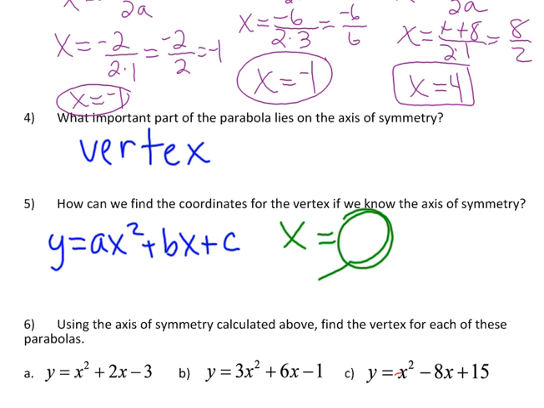And if we take that value and plug it in for x, then we can find what y is. That's kind of hard to think about when you look at it with all the letters. So if that's a little bit confusing, that's okay. Let's do a practice problem and see if that helps make it make a little bit more sense.